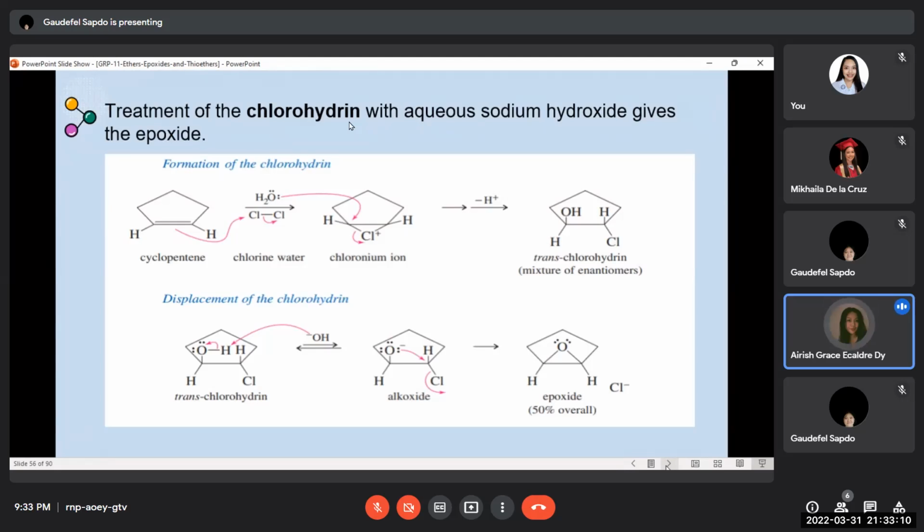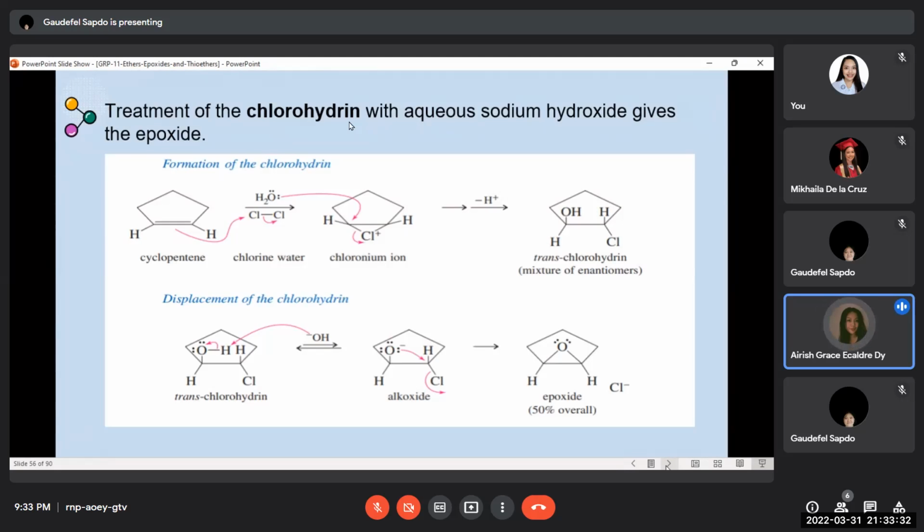This one chlorine will kick out and will result in a chloronium ion. So in this part, we will have SN2 attack in which the water, or H2O, will attack along the way to the chloride ion and will open it. That will result in trans-chlorohydrin.